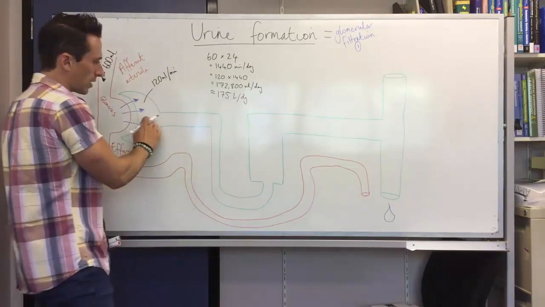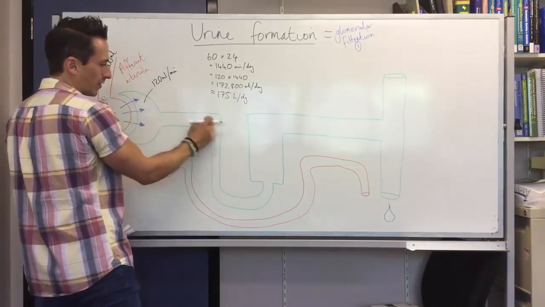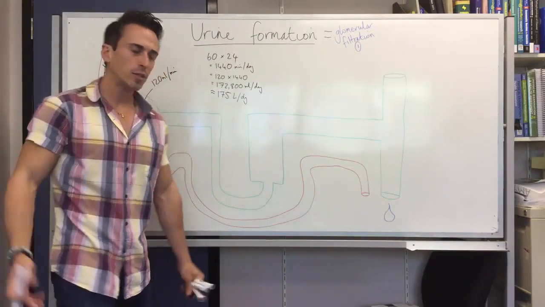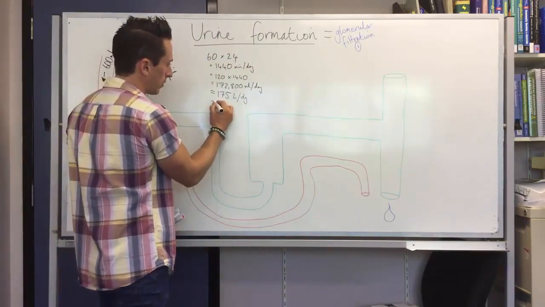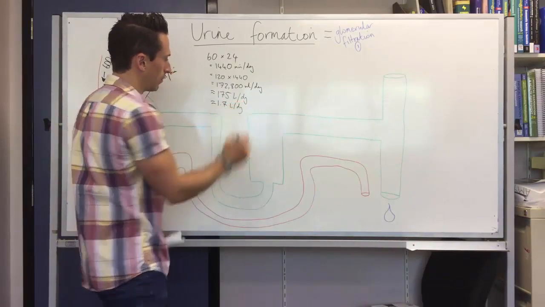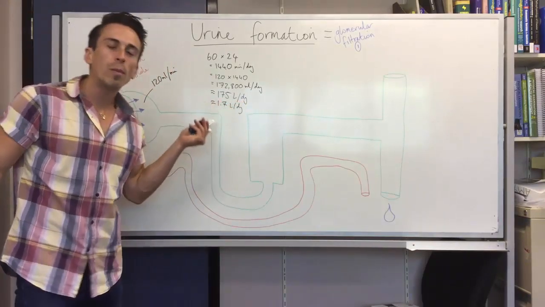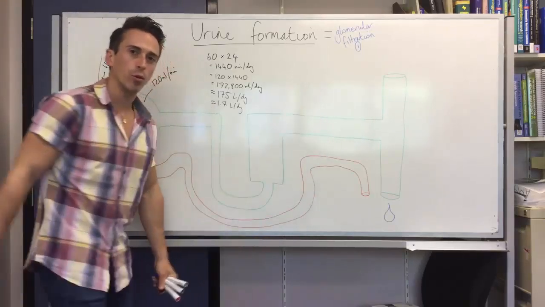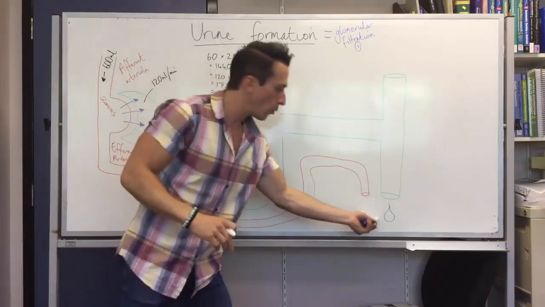But you know that of this 175 litres, you don't pee out 175 litres a day. You actually pee out around 1.7 litres per day. That's only 1%. So of everything that you filter through, you only pee out 1%.